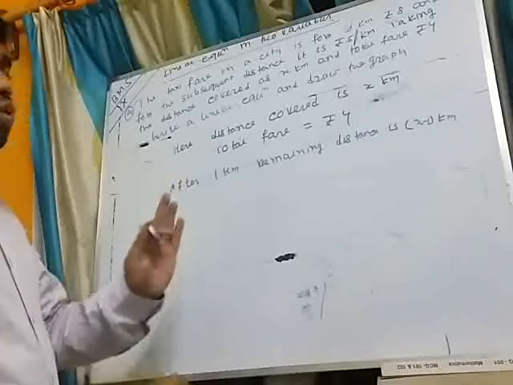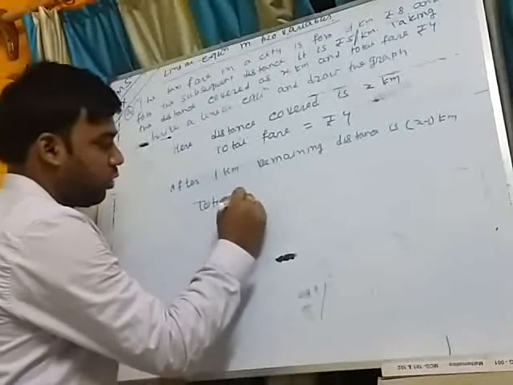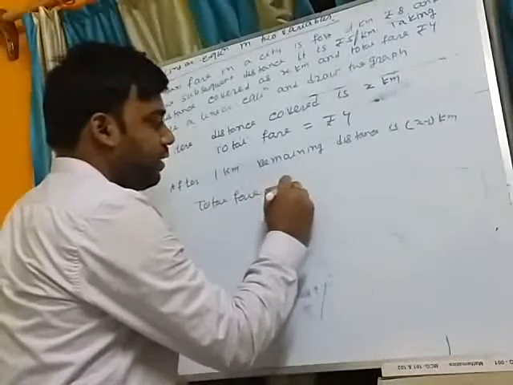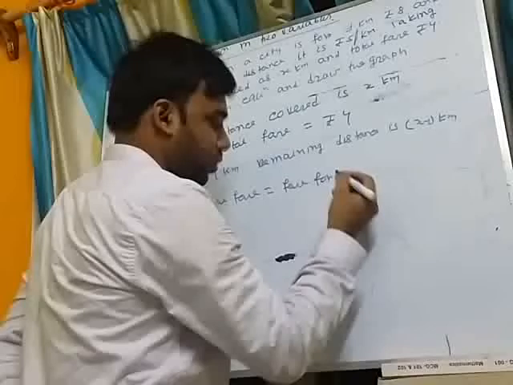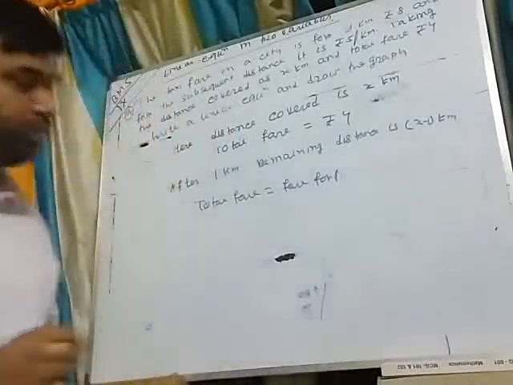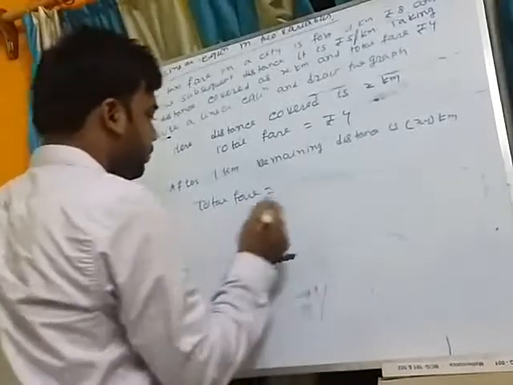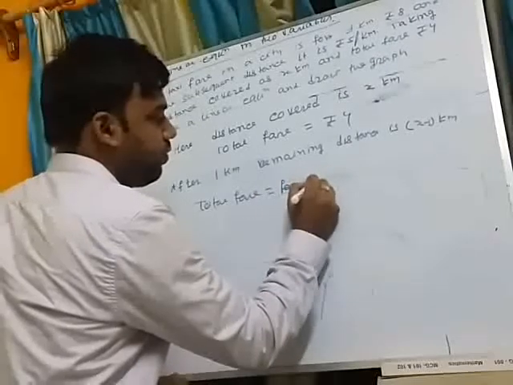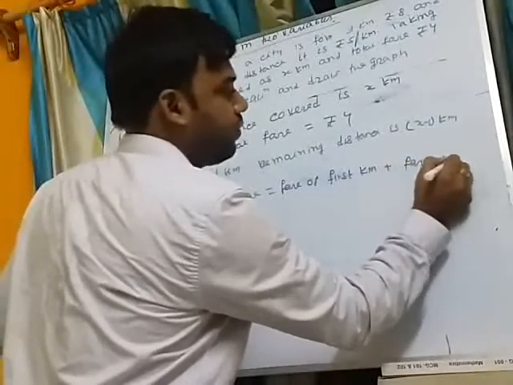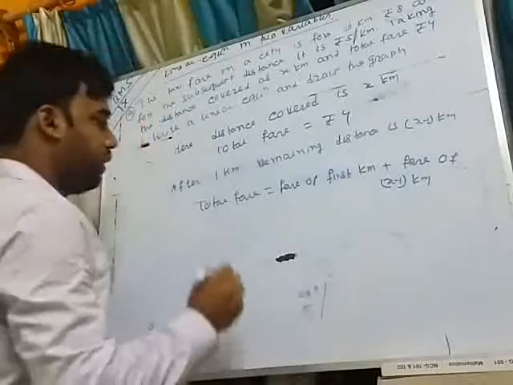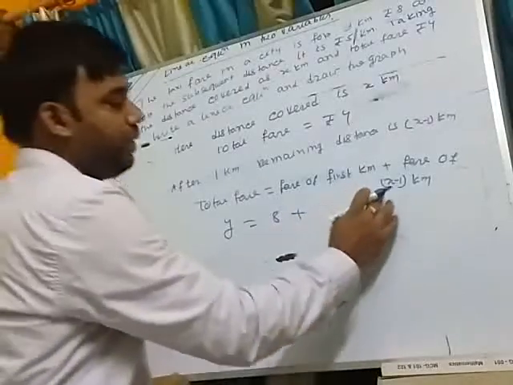So total distance is x kilometer, and the total fare equals the fare of the first kilometer plus the fare of the remaining x minus 1 kilometer.